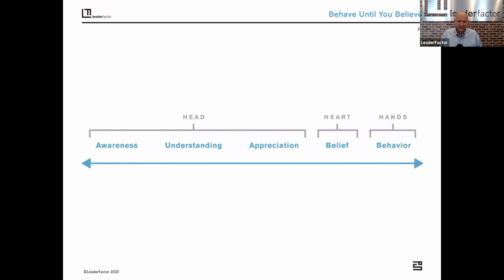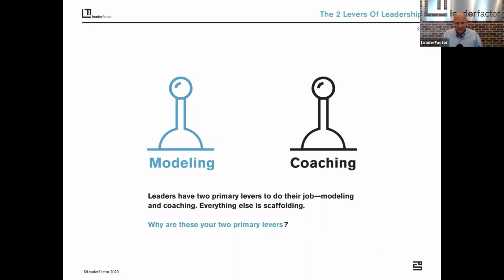So I'll come back. Behave until you believe. Begin at the behavioral end, keep going on the awareness end, cross the threshold of conviction, and accelerate your efforts as you do. Now, let me just say a word to leaders, because leaders have what we call 2 primary levers.